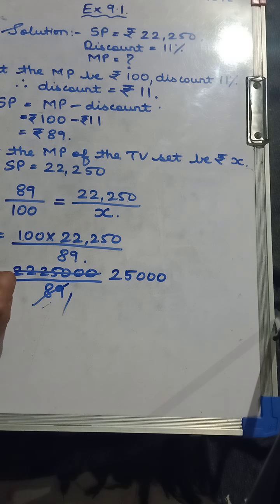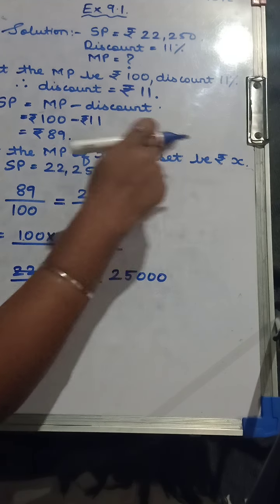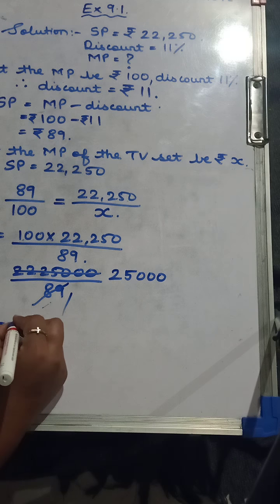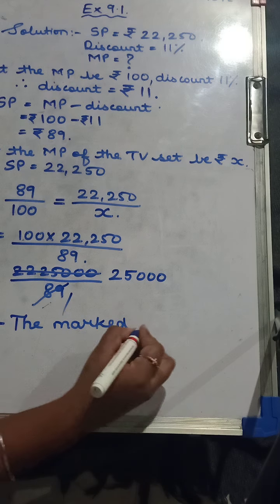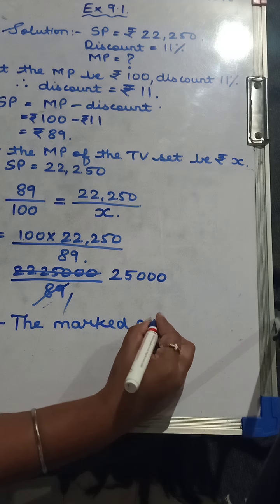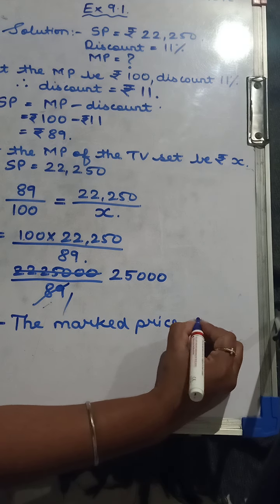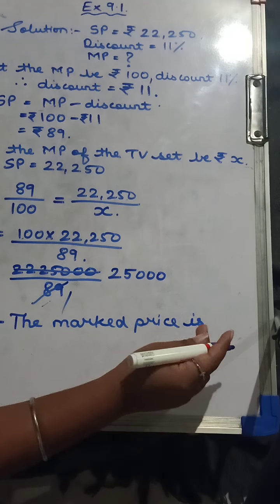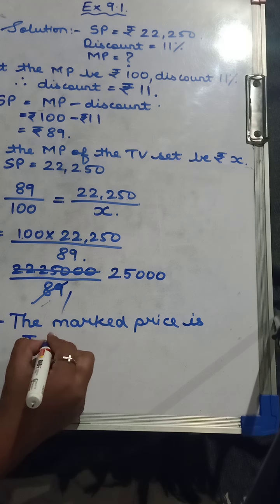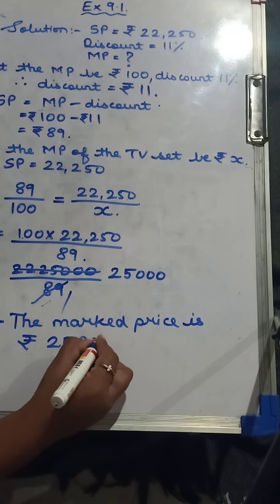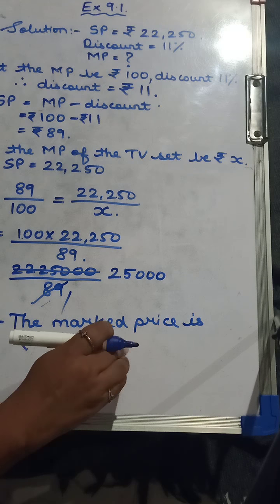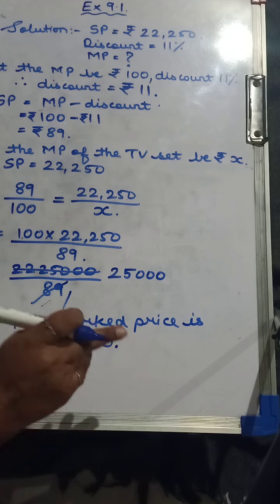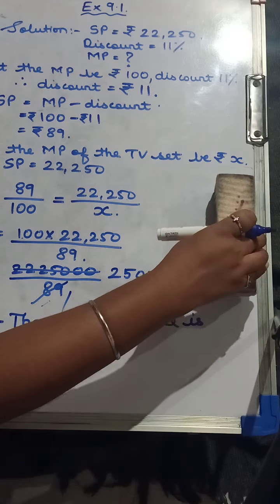That is, your x is equal to 25,000 and your x is the marked price. So here you will write the marked price is rupees 25,000.